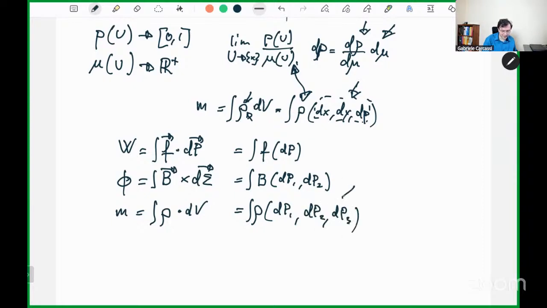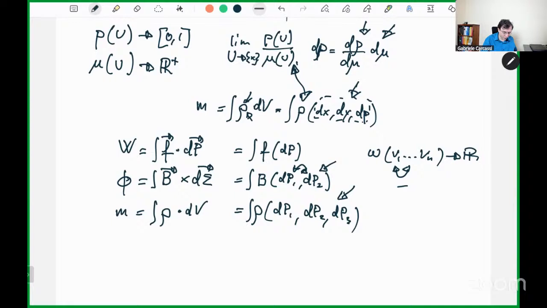And since these are things that act on volumes and areas, if you switch the order, these are going to be signed elements, and you get a minus sign, right? And that's basically, in differential geometry, what a form is. A form omega is something that takes n vectors, right? So it's a linear function of n vectors, and it gives you a real number. And it's fully antisymmetric, meaning that if you switch two elements, you get a minus sign, right?